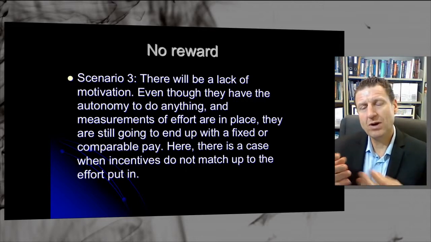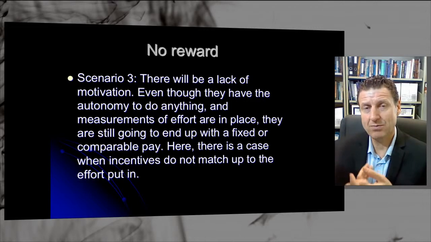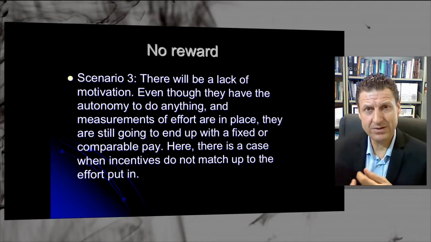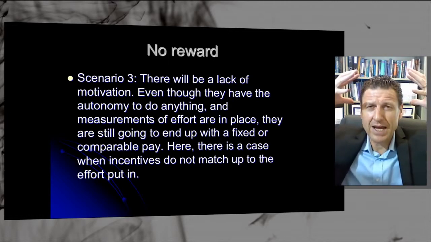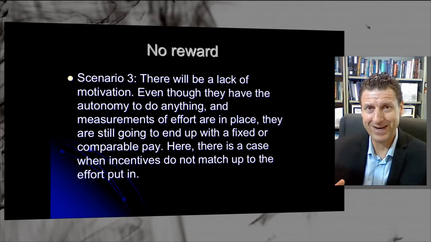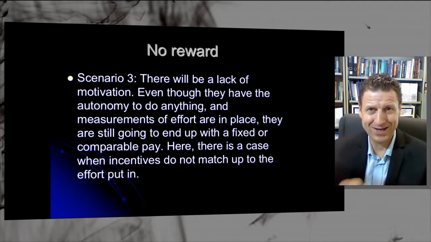So what I've just taken you through here are the three scenarios. If there's no measurement, then we lose accountability. If there's no decentralization, knowledge transfer costs go through the roof. If there's no reward, then we lose that motivation. We lose that motivational factor, those incentives that will force you to really try hard and hit those KPIs.